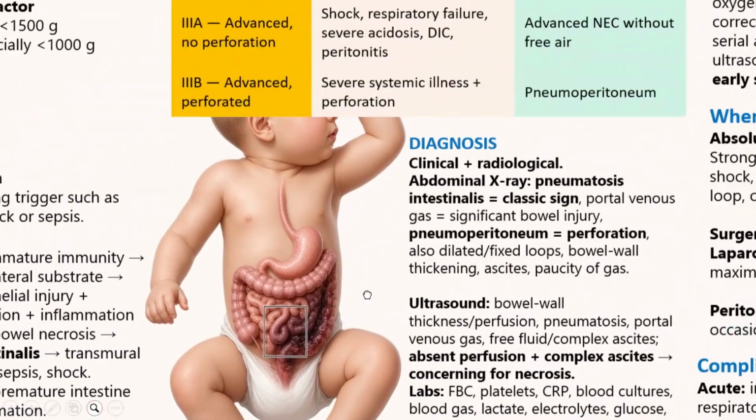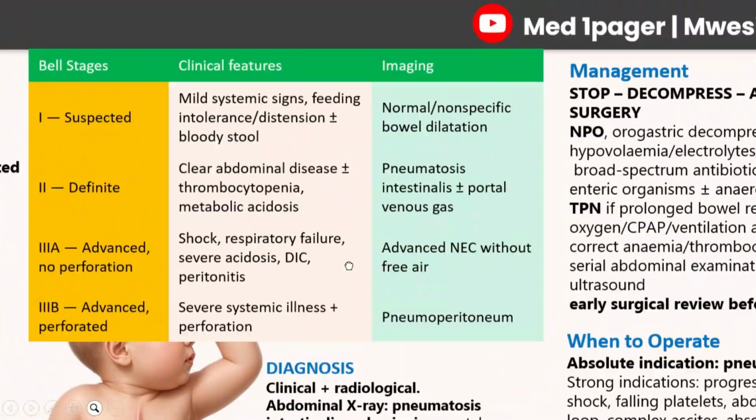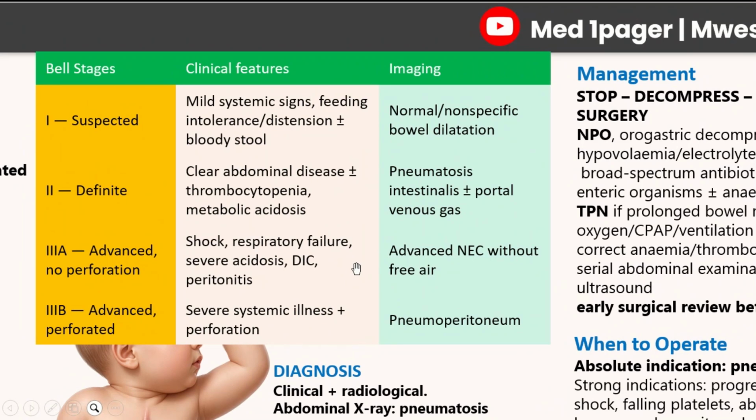So when we look at the classification, we have what we call the Bell stages of staging this necrotizing enterocolitis, and they're important because they're going to give you a picture of how your management is going to be or what you should do at that point. So we have the stage 1 where it's just suspected, and here you're going to have mild systemic symptoms, you're going to have feeding intolerance, and these stages are further broken down in stage 1A and stage 1B.